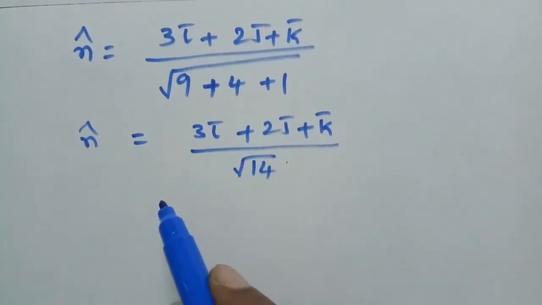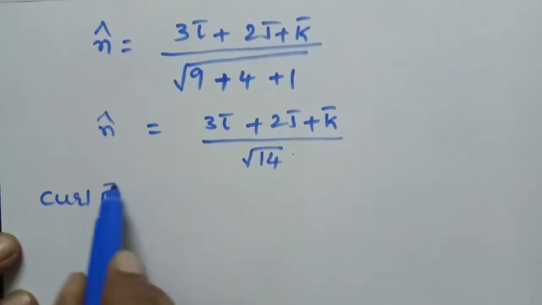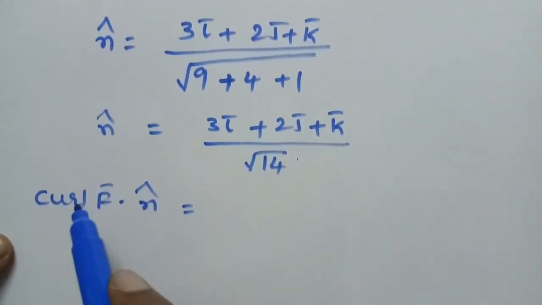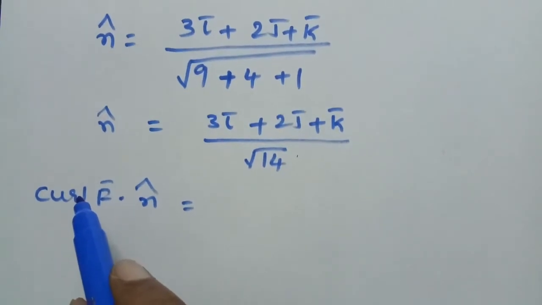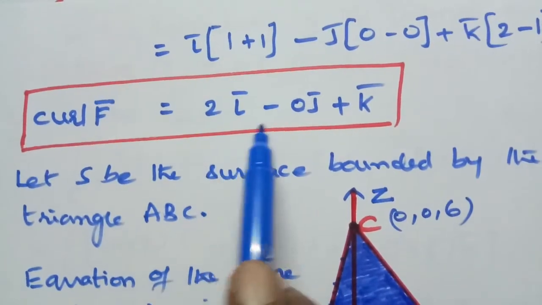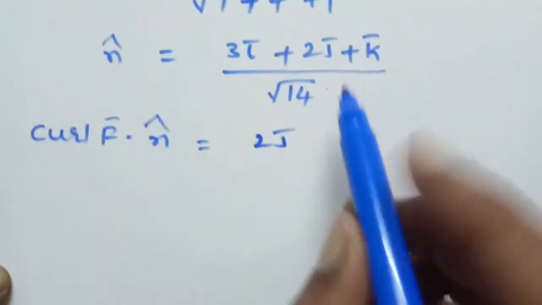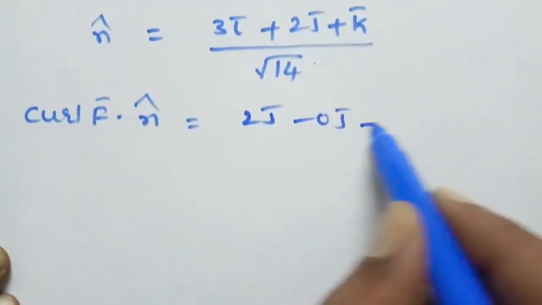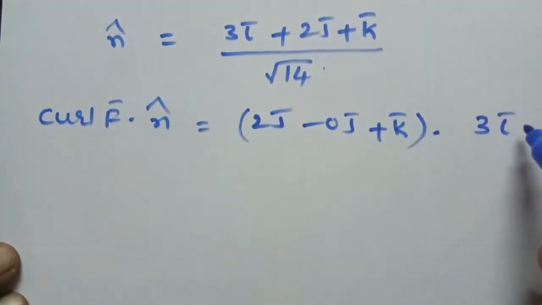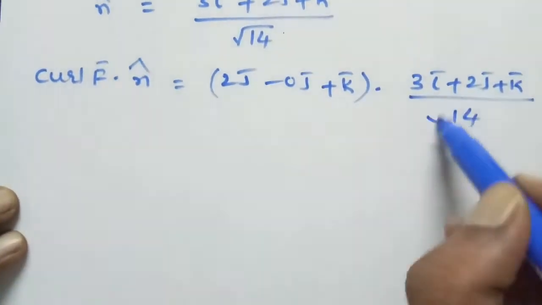Therefore, curl f bar dot n cap is equal to curl f bar, which we already calculated: 2 i bar minus 0 j bar plus k bar, dot n cap, 3 i bar plus 2 j bar plus k bar by square root of 14.